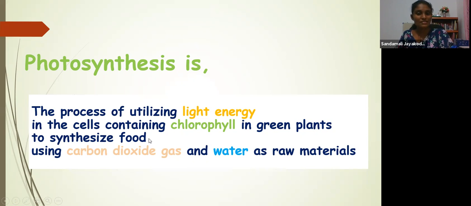For that process, they have some helps for that process, that is chlorophyll in green plants. Chlorophyll is the green color pigment. It has an ability to absorb light energy to carry out this process of producing food. So that is just like the machines in a factory. Assume a plant is just like a factory.